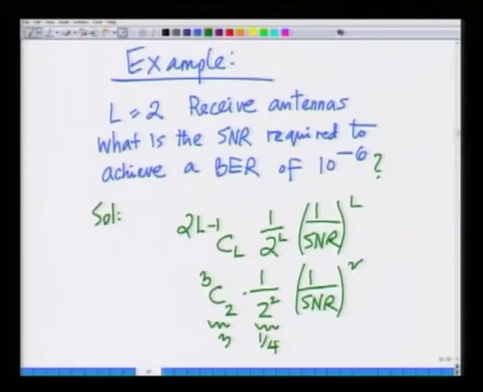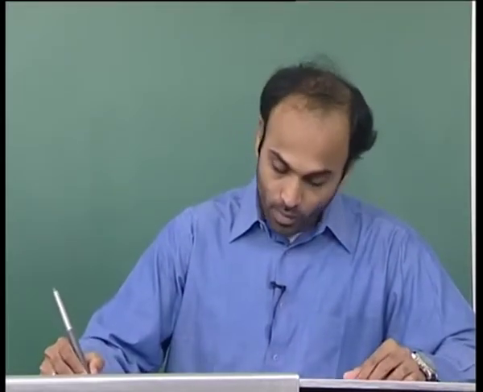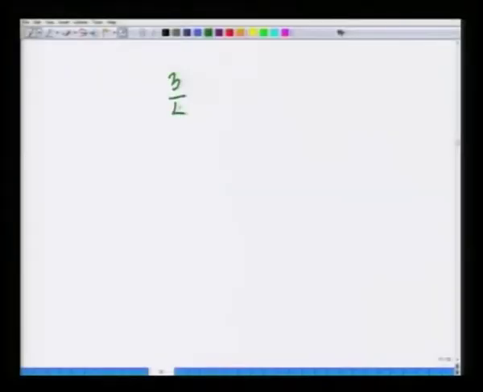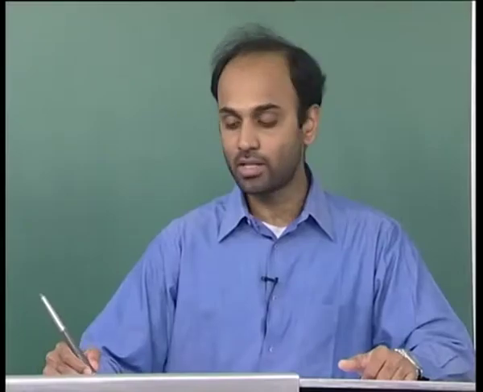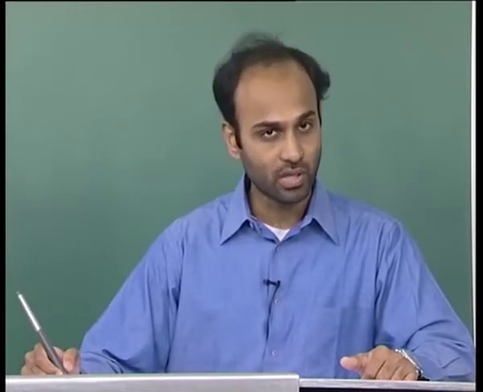Hence, this expression for bit error rate becomes 3 over 4, 1 over SNR square, and I want this equal to, that is the bit error rate equal to 10 power minus 6. All right. So, I am saying the bit error rate as a function of SNR is 3 over 4, 1 over SNR square with L equals 2 receive antennas.